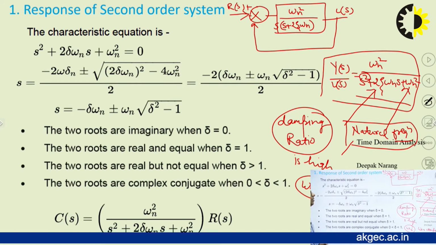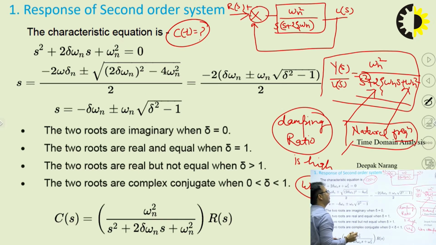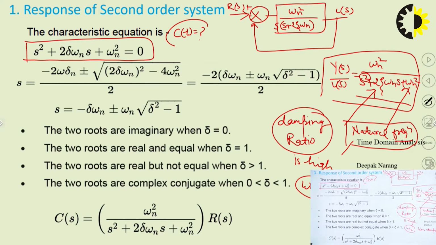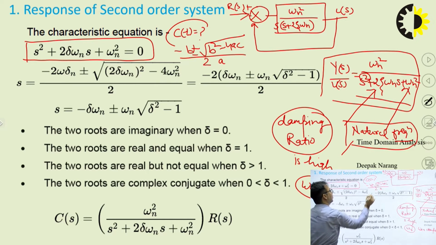So to get the response, we are going to basically derive the value of c(t) for this system. First of all, we are considering the denominator term, or we can say the characteristic equation of this transfer function. Okay, if we solve this quadratic equation by the formula minus b plus minus square root of b square minus 4ac upon 2a, we get this value.